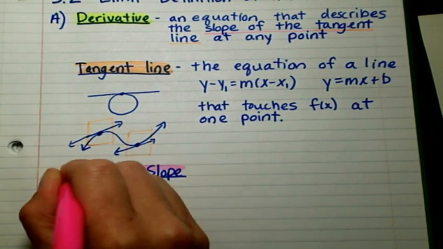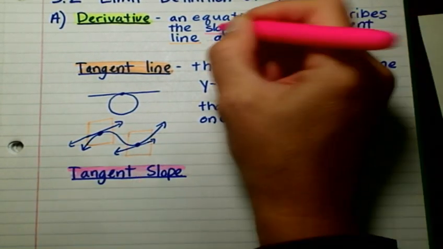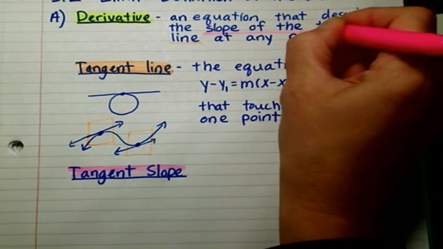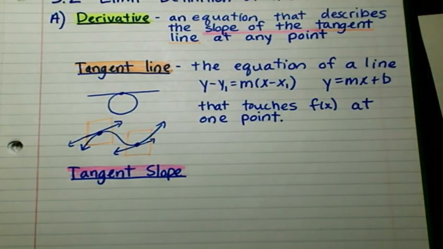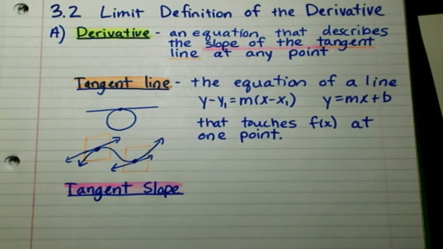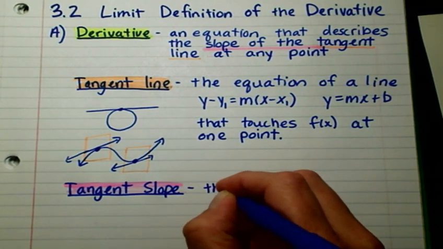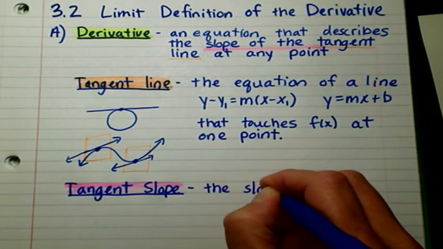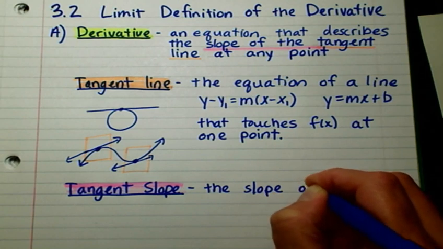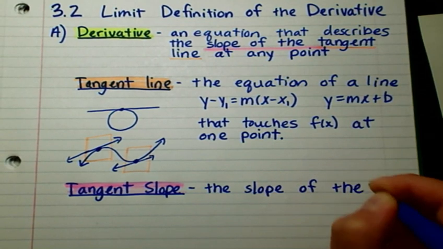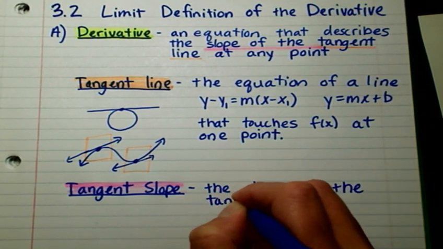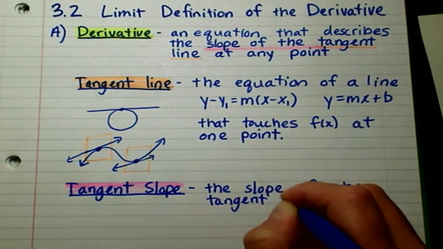Okay. Because these words are being used in that first definition, which is why I'm defining them as we go. All right. Tangent slope. The slope of the tangent line.